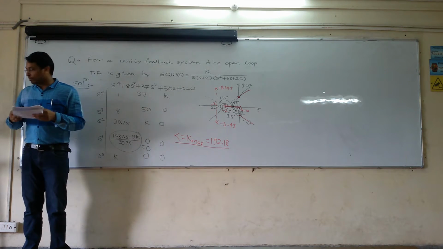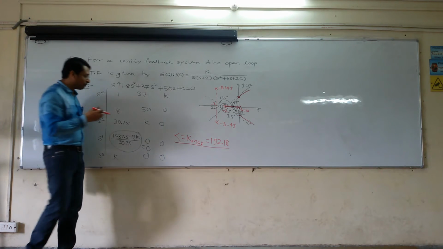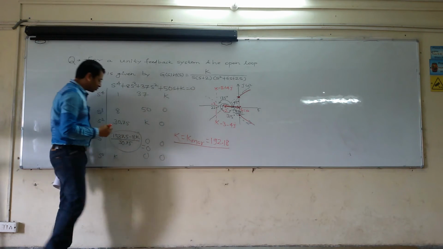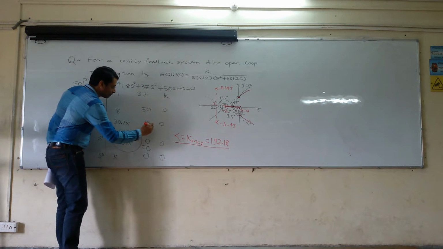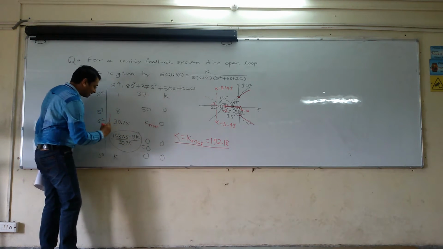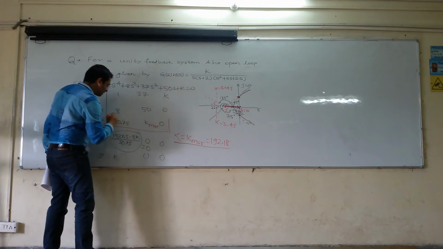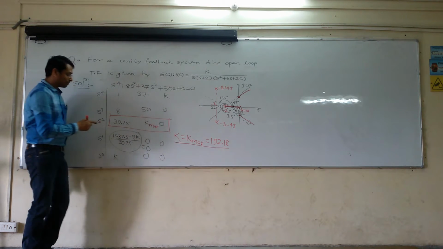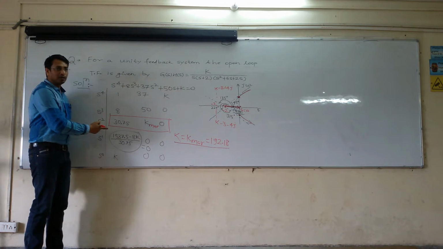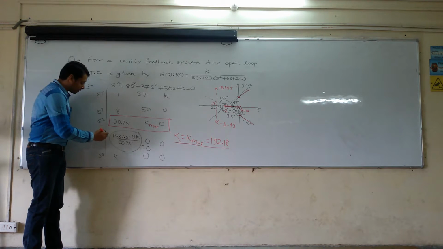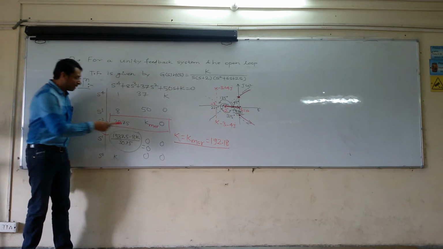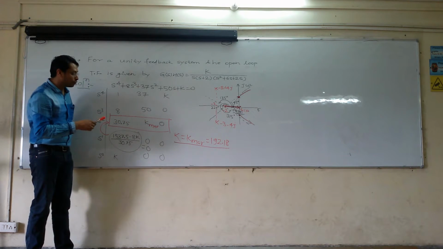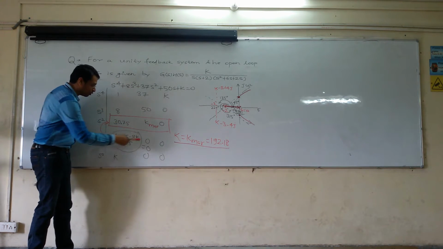So now you have found the value of k marginal. Put this value of k marginal here, and construct the auxiliary equation with the help of the row just above the row of 0, because by putting this value 192.18 you will get the row of 0.